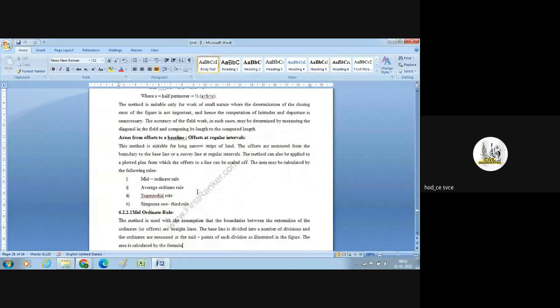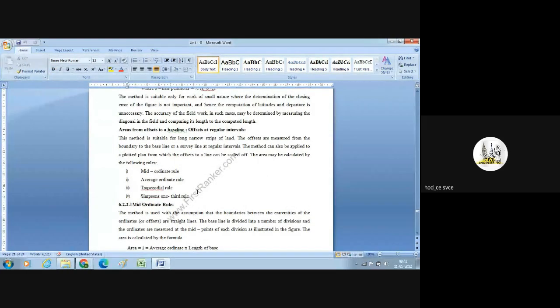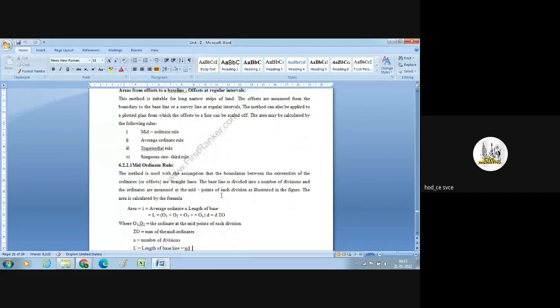See here, again it was classified. Based on the offsets we have different methods also. One is the mid ordinate rule, average ordinate rule, trapezoidal rule, Simpson's rule. Okay, mid ordinate rule.